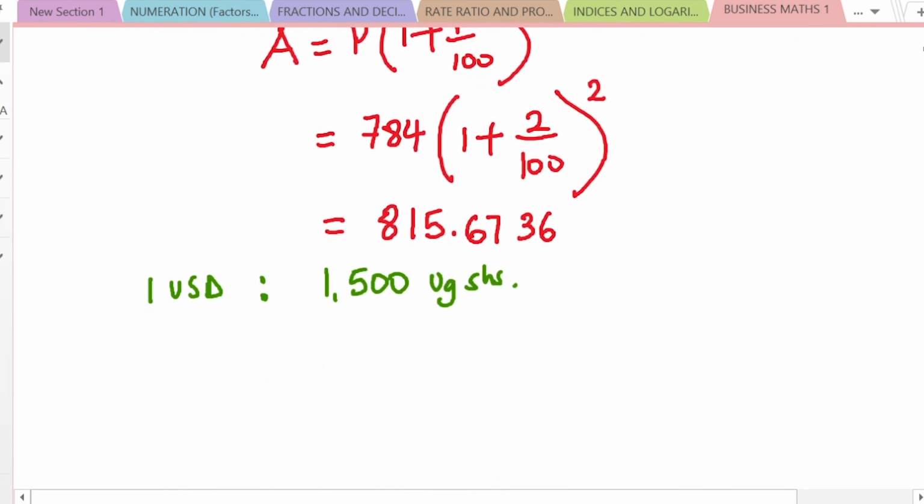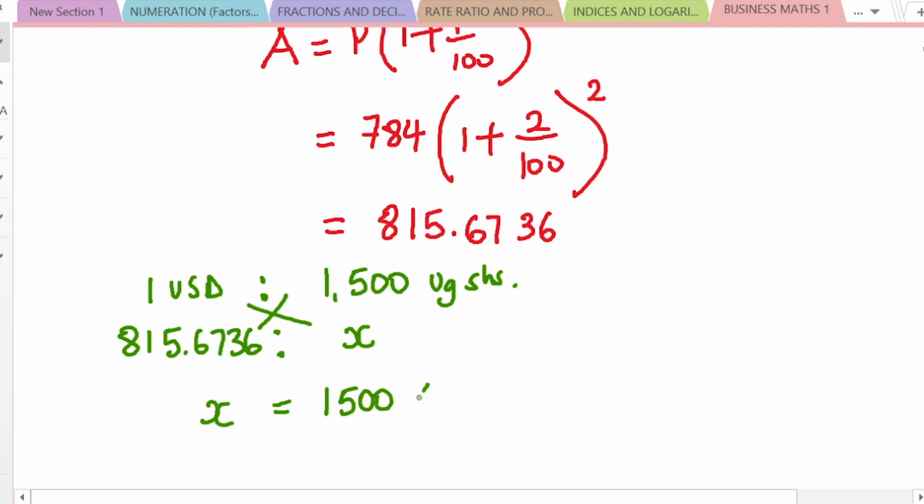So if this guy had this much money, if he had 815.6736 US dollars, how much is that in Uganda shillings? Let's call that X. So this here X is going to become 1,500 multiplied by 815.6736. When you multiply those two to get the amount of money he has in dollars, this is what you end up with.